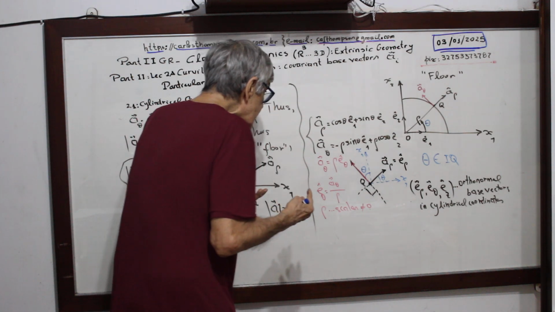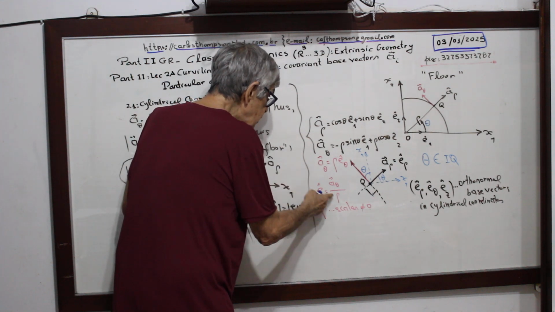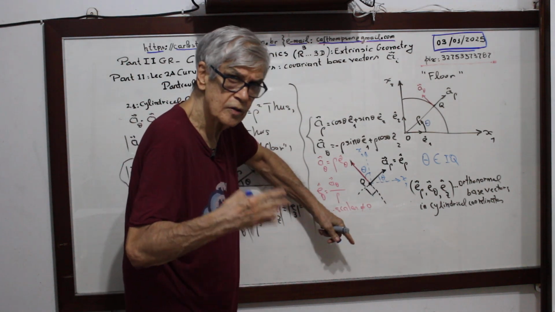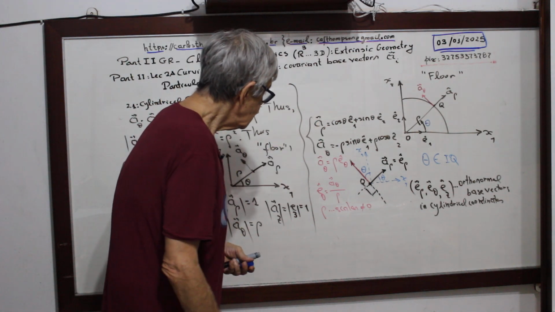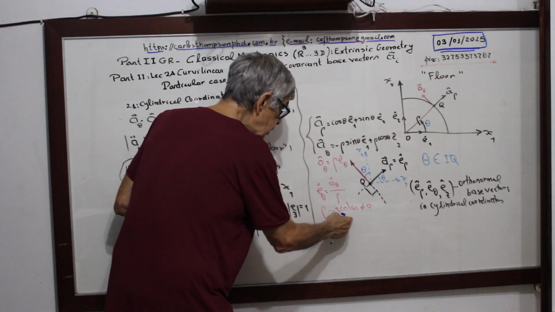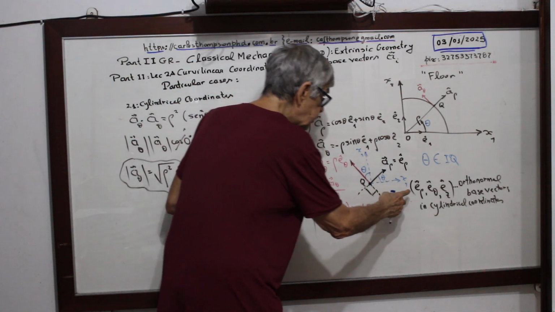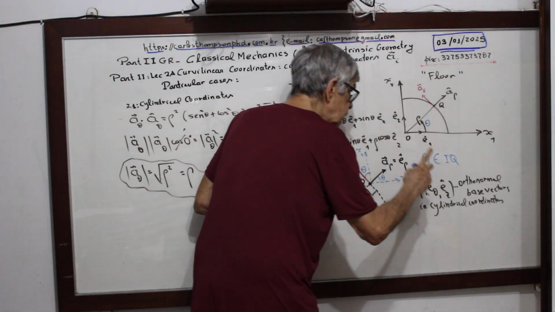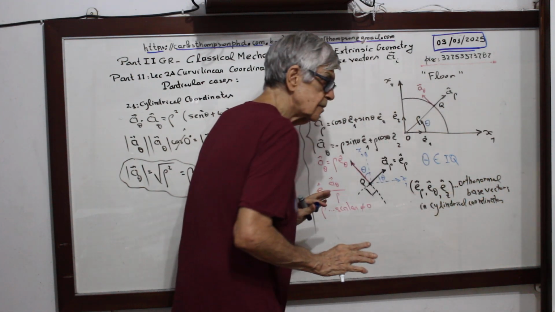Now, I can divide a theta by rho, because rho is a scalar quantity. In general it is always different from 0. It's the radius of the cylinder. So if I divide a theta by rho, I have a unit vector. So I can say that e rho, e theta, e z are now orthonormal base vectors in cylindrical coordinates.